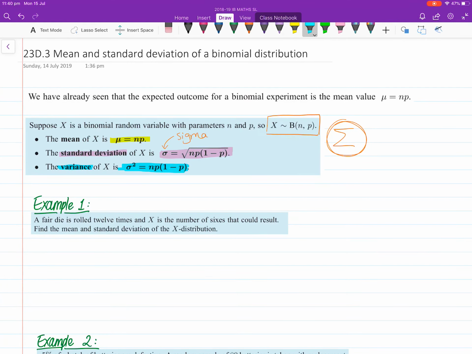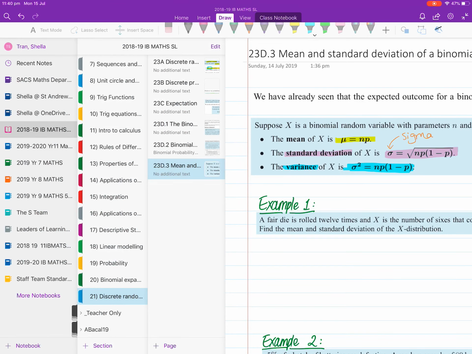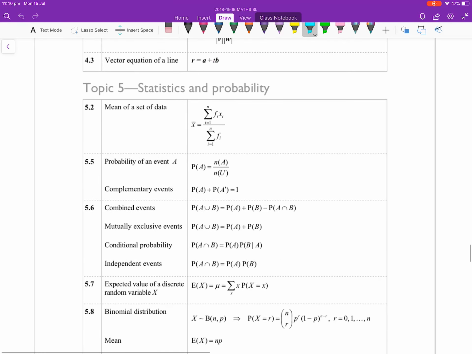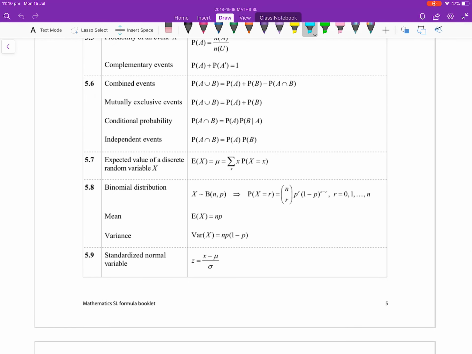Now, let's have a quick look at our formula booklet. It is actually in your formula booklet, on page 5, under 5.8. You can see we've got our formula for the mean, the expected outcome. We've also got the binomial distribution function, which is really good, so you don't even have to remember that, even though you should be very familiar with it from binomial theorem.